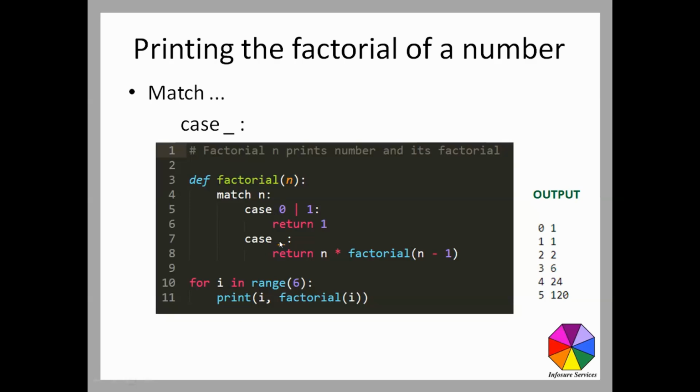Case underscore, else, colon, the factorial call. And now for that function, I'm making a call like for i in range of 6, print i factorial, and you'll get this output: 1, 1, 2, 6, like that.